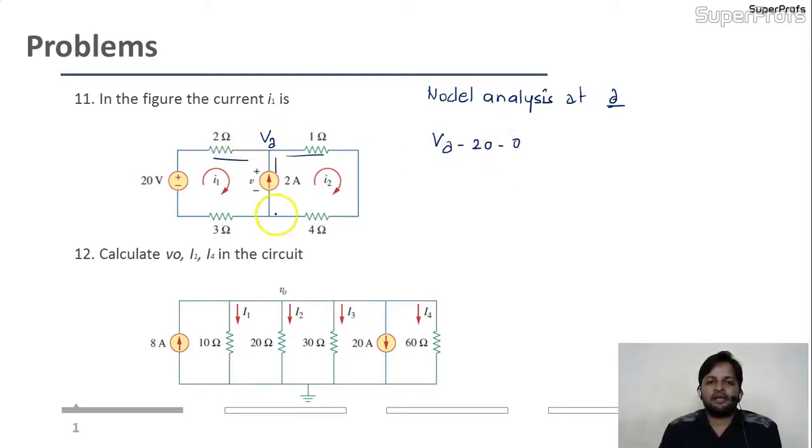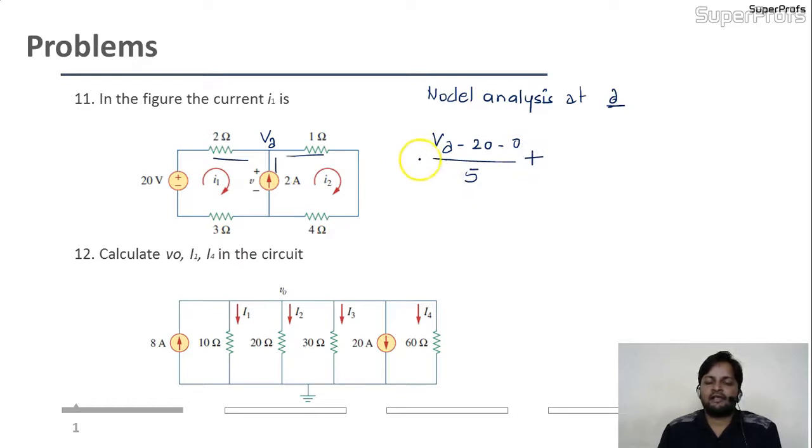We'll start from VA and go to the ground. And the resistances we are getting are 2 and 3. They are in series while going from VA to the 0 ground. Series combination, so 2 and 3 make 5.